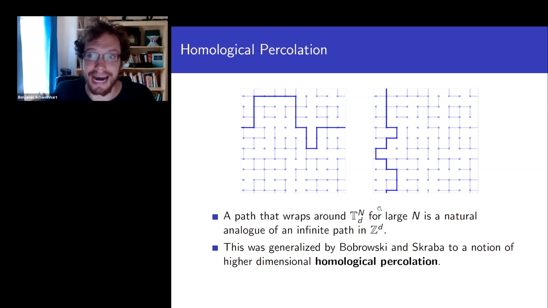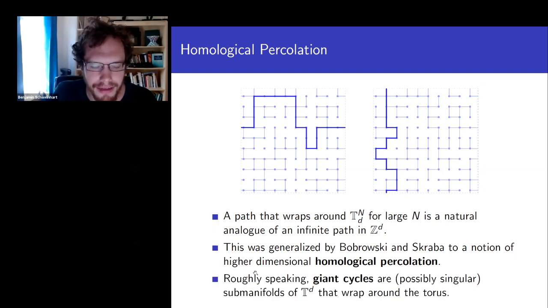This can be generalized to provide a higher dimensional notion of homological percolation, as was done by Bobrowski and Skraba. Today I will explain this notion of homological percolation to you and discuss a theorem that my collaborators and I have proven about homological percolation, showing a sharp phase transition.